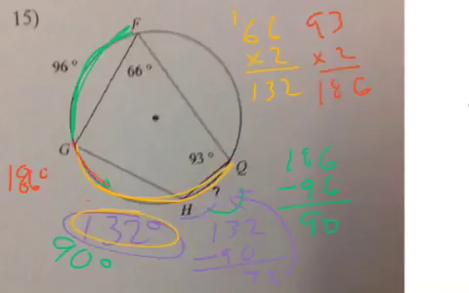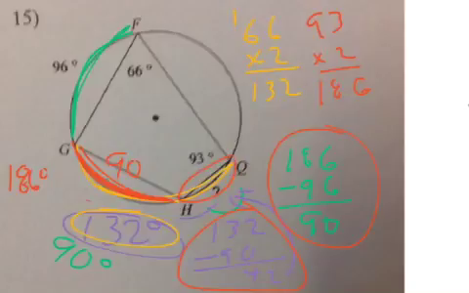And therefore I know from there to there is 90 degrees. Again, 186 minus 96. Look in the right corner of the screen there. Is 90 degrees. And since I now know, stay with the red right here, since I know that's 90, I can figure out that missing arc by doing 132 minus 90. And again, that missing little piece there is 42 degrees. Okay? Let's try at least one more.